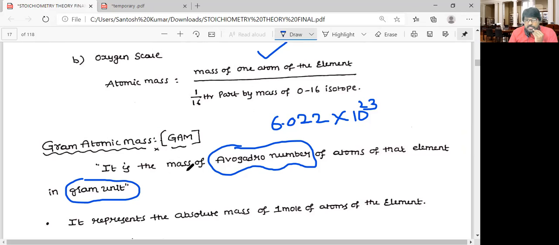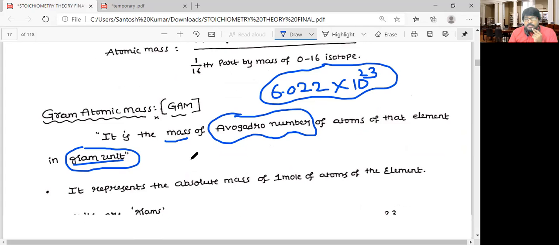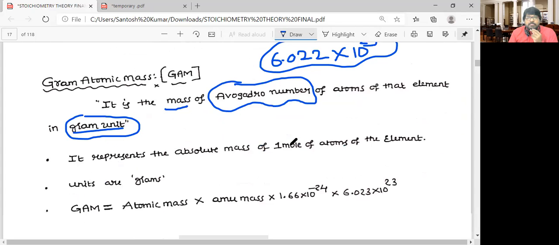It is basically the mass not of a single atom, but of Avogadro number of atoms expressed in grams. It is the absolute mass, of course. Avogadro number we can also say 1 mole, 12 we can say 1 dozen, the number 6 we can say half a dozen.